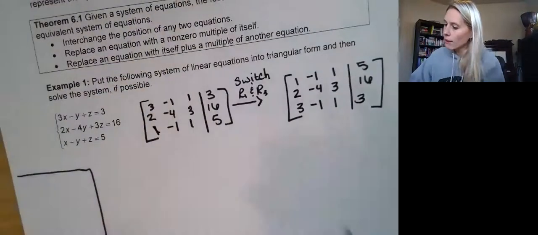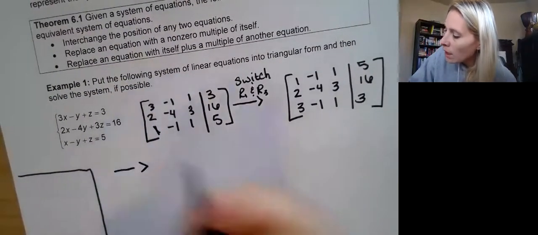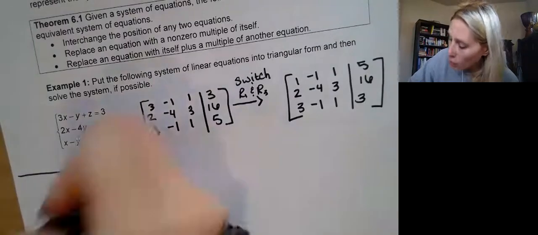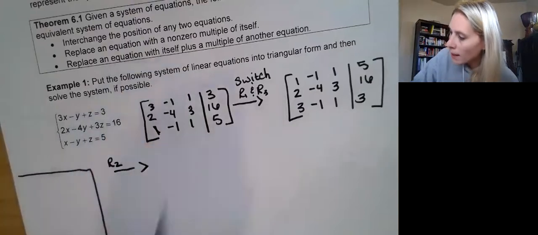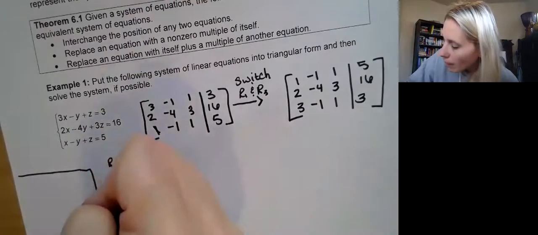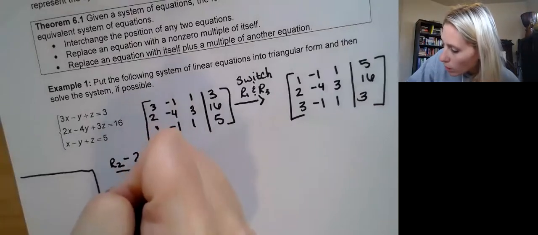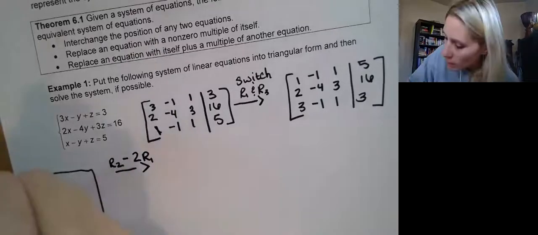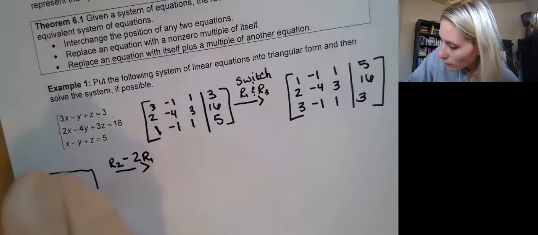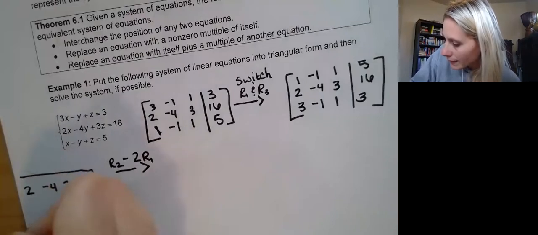So what I can do, and I'm going to move my arrow down here, is take row 2, because that's the one I want, and subtract 2 of row 1, because then I can eliminate it. Okay, so watch. I have 2, -4, 3, 16.